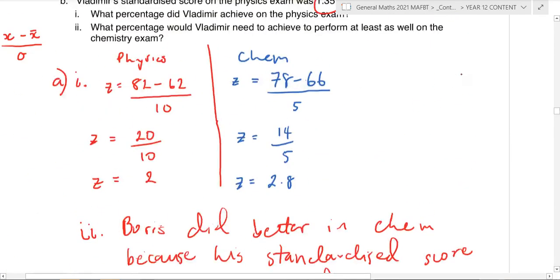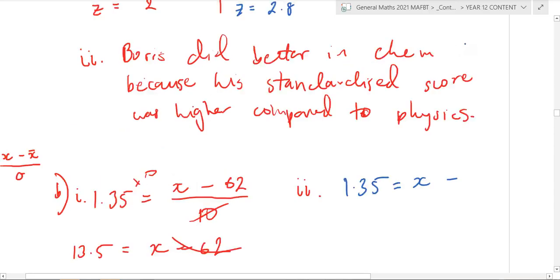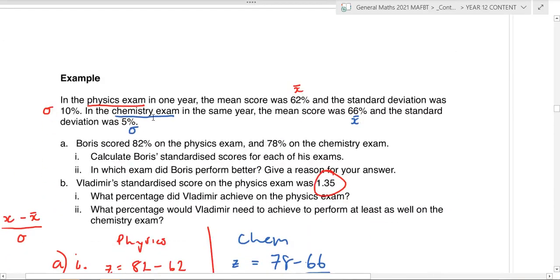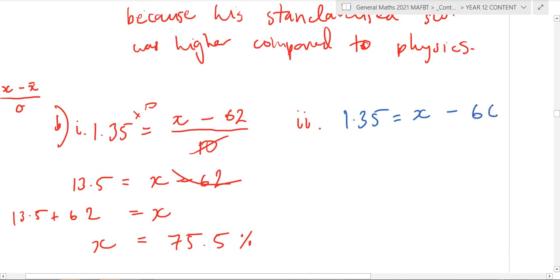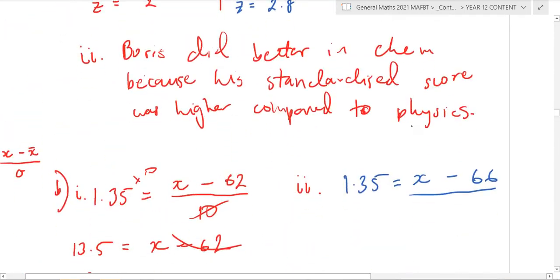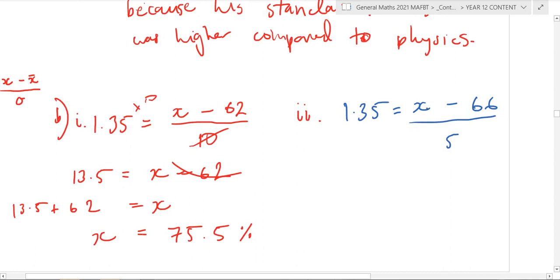So, actually, let me use blue for this one so guys aren't too confused. 1.35 equals x, take away the mean score in chem, which was 66, over the standard deviation, which is 5. So remember, in this case, what we're trying to find is what percentage score does he need to get so that he can have the same standardized score as physics. All right, so let's calculate this.